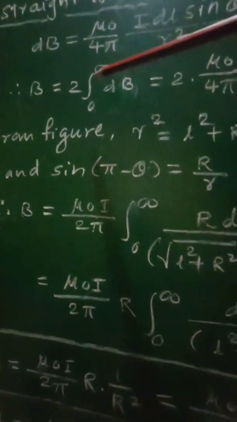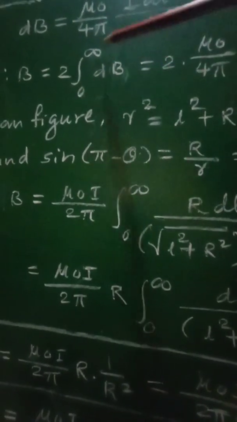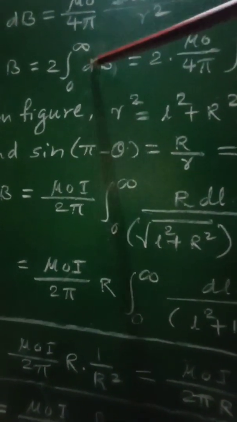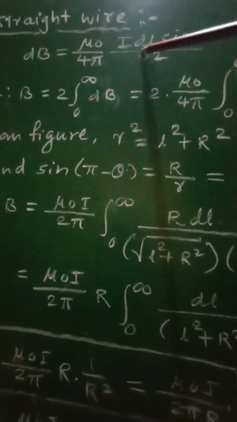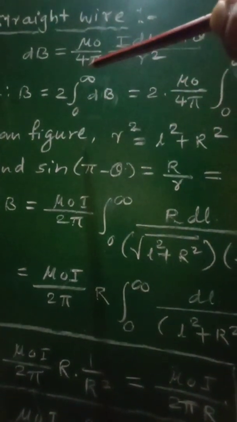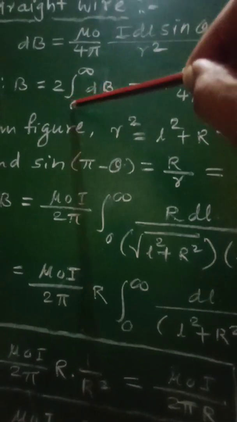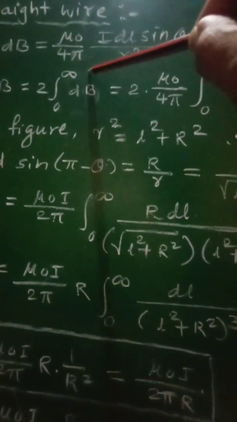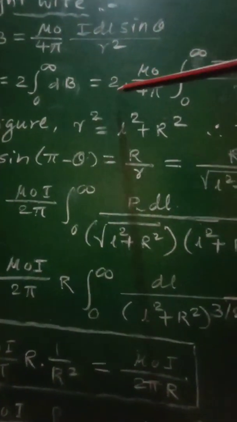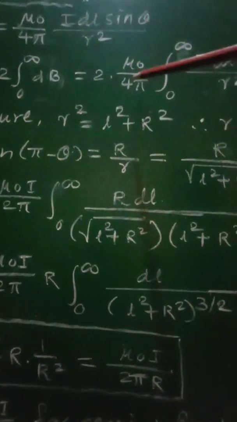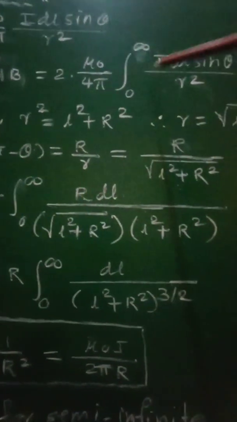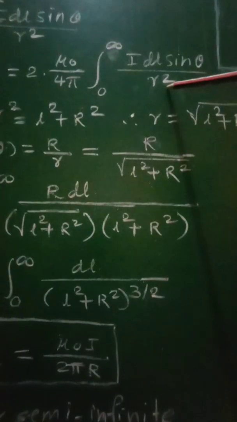That will be written as 2 into integration 0 to infinity dB. We will have to integrate this dB between the limits 0 to infinity, that is, the minimum length of the wire will be 0, maximum will be infinity. Putting the value of dB, we will get 2 into mu 0 upon 4 pi integration 0 to infinity I dl sin theta upon r square.